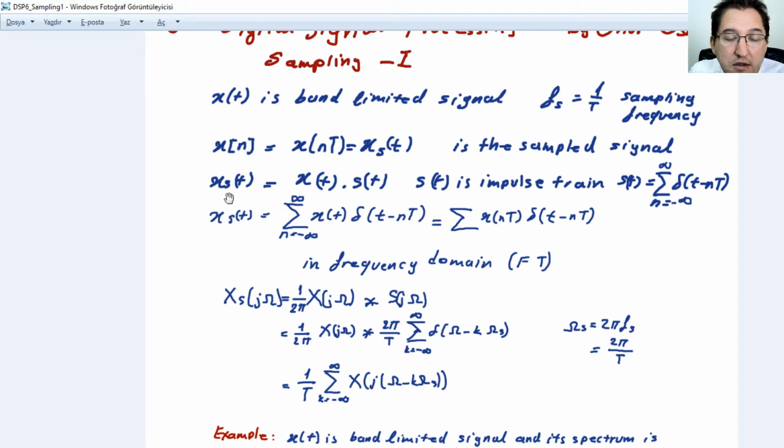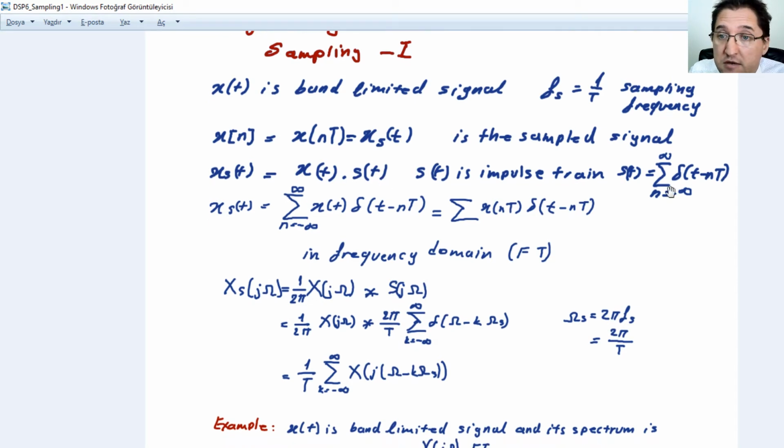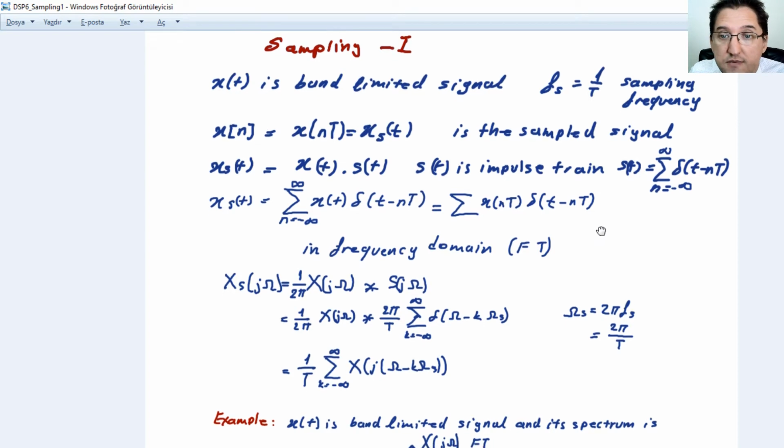We obtain the sampled signal by sampling, which is the multiplication of x(t) and the impulse train. And the impulse train, as you can see here, is the time shifted versions of the delta functions.